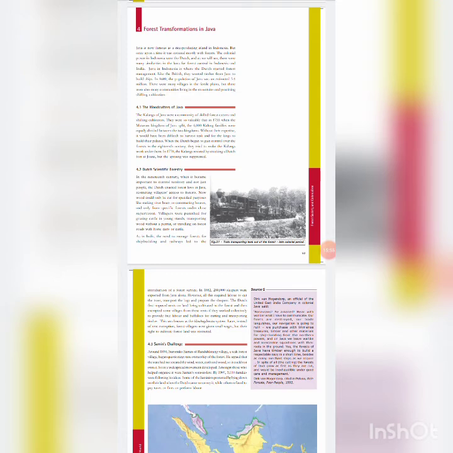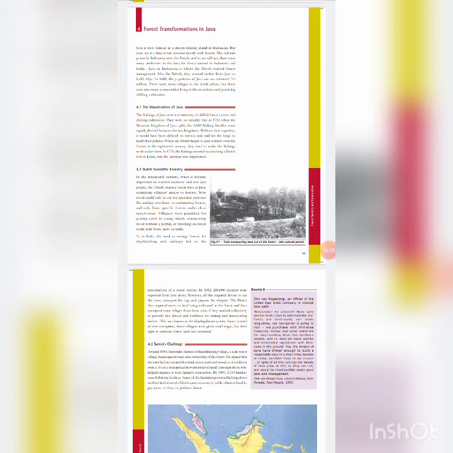Now, Dutch scientific forestry. In the 19th century, the Dutch enacted forest laws in Java, restricting villagers' access to the forest. Wood could only be cut for making river boats or constructing houses. Villagers were punished for grazing cattle, transporting wood without a permit, or traveling on forest roads with horse carts or cattle.